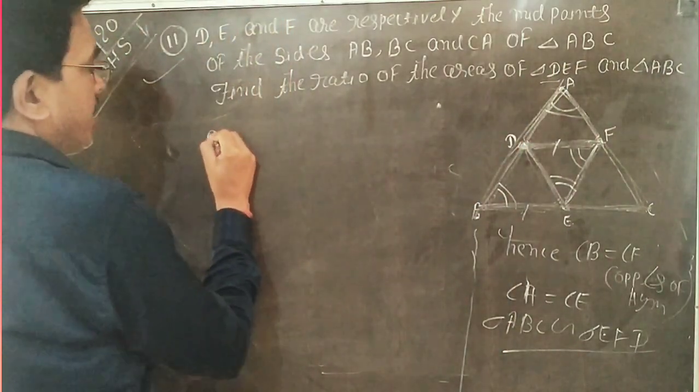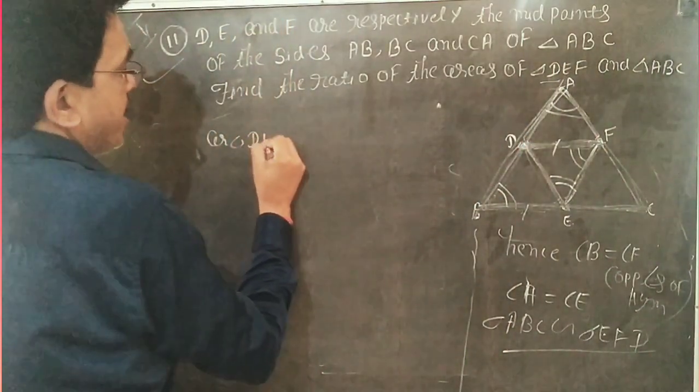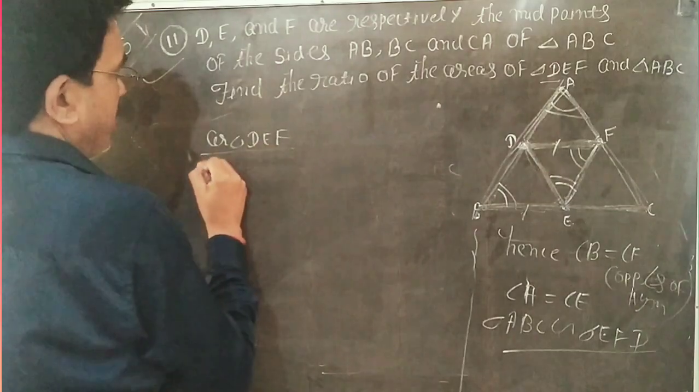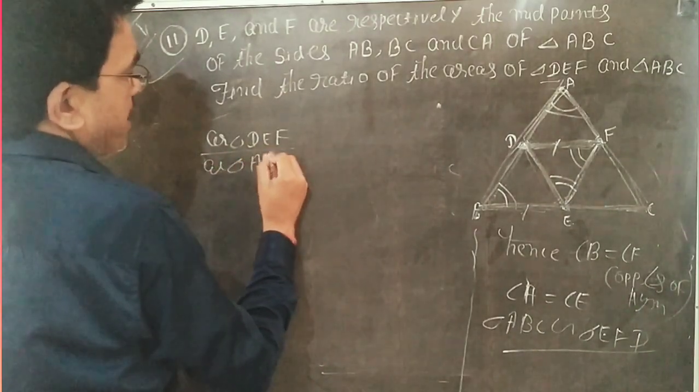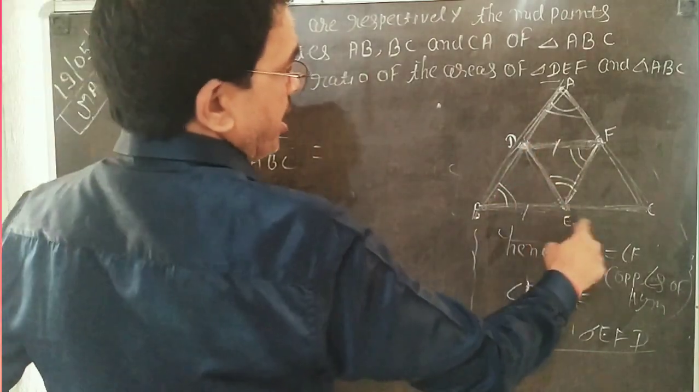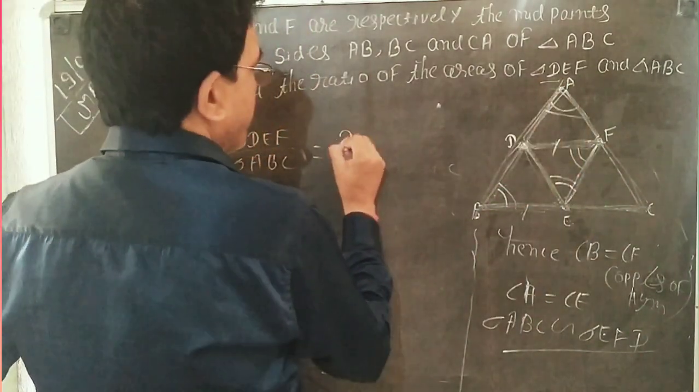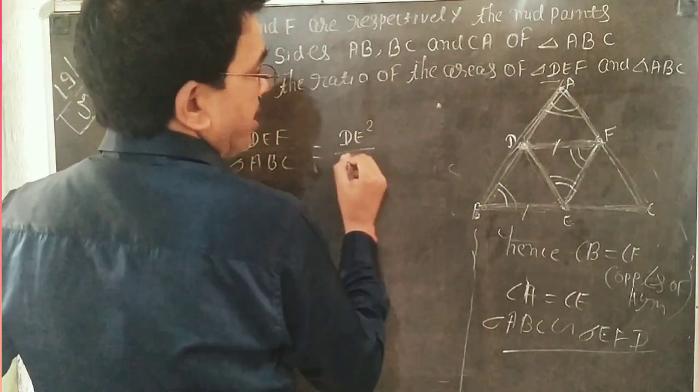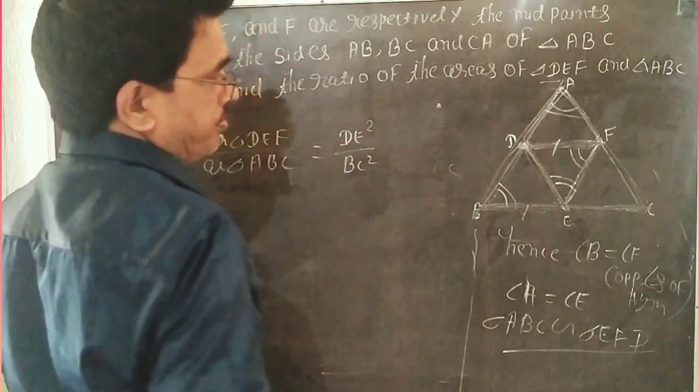We know that area of triangle DEF divided by area of triangle ABC is equal to DF square by BC square.